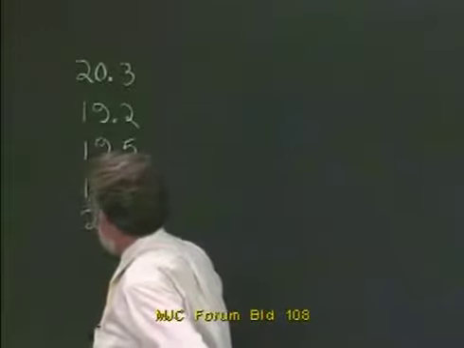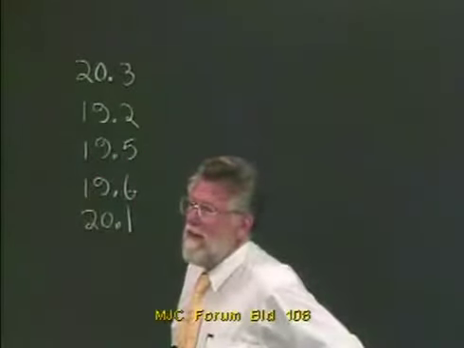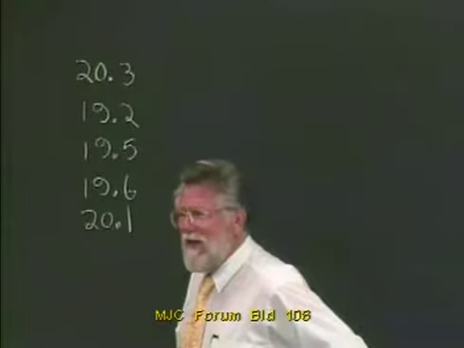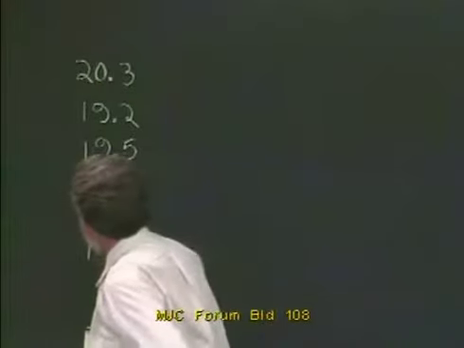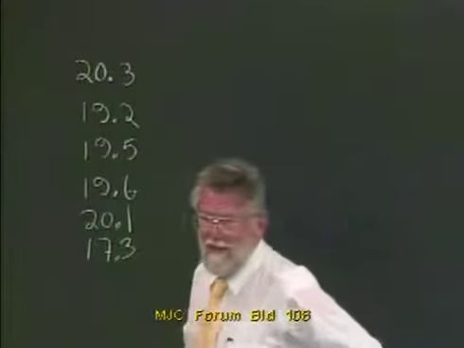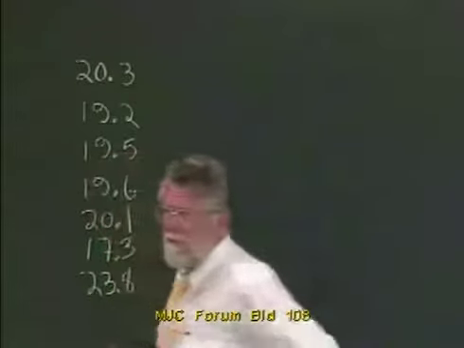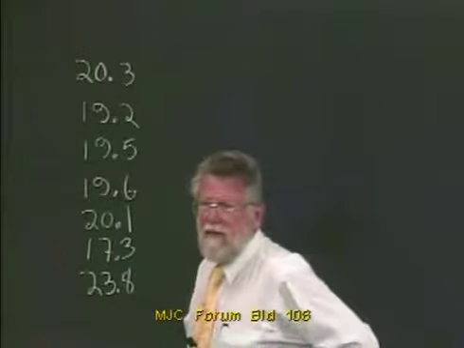20.1. This is going better than I thought. About the time I say it's going better than I thought, somebody throws in a ringer. 17.3, okay? 23.82, so I'll go 23.8. Anybody else?